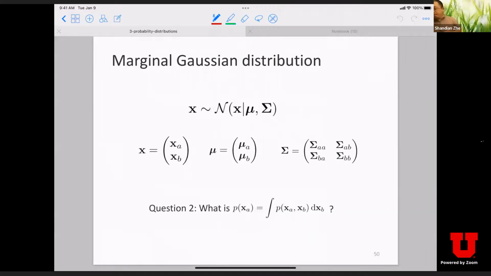As practice, we'll have a homework assignment asking you to show that if you have this multivariate Gaussian distribution and want to derive the marginal distribution of a part like X_A, the mean will be mu A and the covariance will be sigma A. You can use the same trick. Okay, sorry for being late, and let us continue on Thursday.